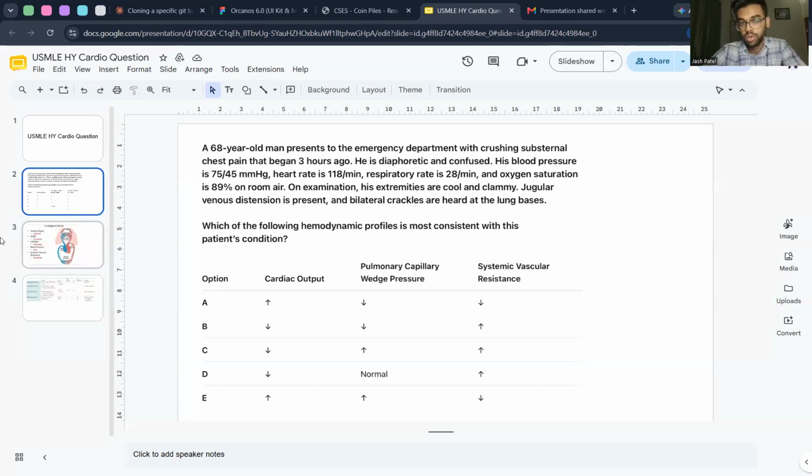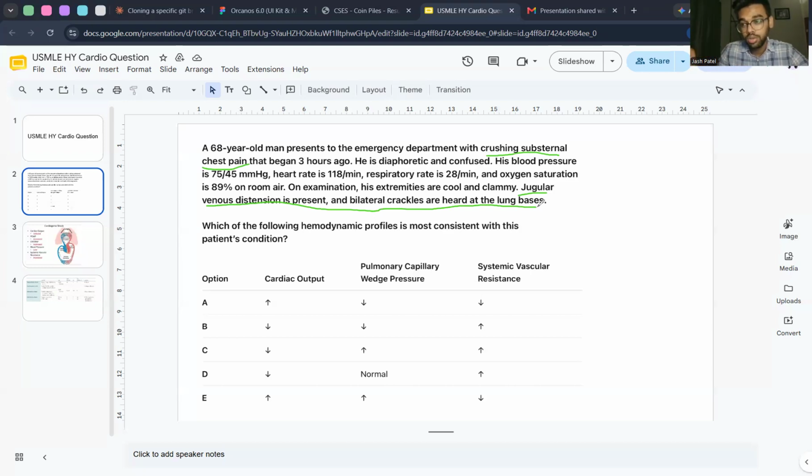Right. So here we can also see that the question stem tells us that the patient presents with crushing substernal chest pain, which is very buzzy for acute myocardial infarction. The question stem also tells that there's jugular venous distension and bilateral crackles heard at lung bases. Both of these things essentially mean that the patient has heart failure because the heart is failing as a pump.